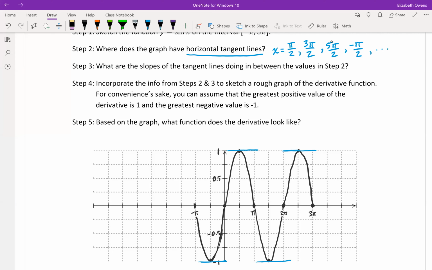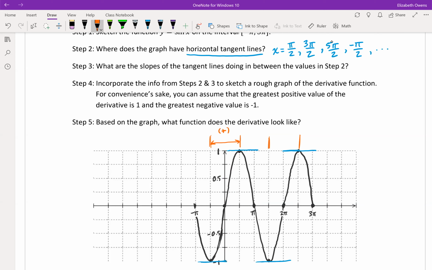Now we can look at step 3. What are the slopes of the tangent lines doing in between those values? I'm going to break this up between our horizontal tangent values here. Notice that in this interval from negative pi over 2 to positive pi over 2, our tangent line slopes are all going to be positive.